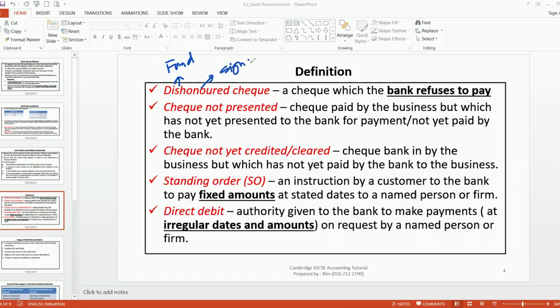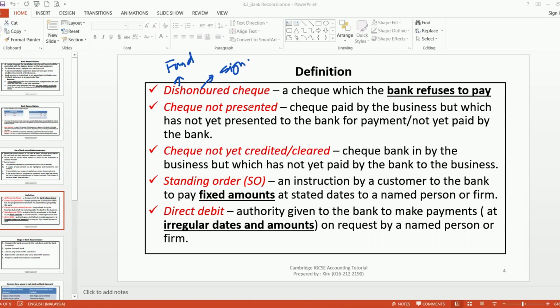The signature was forgotten by the owner or by the authorizer, so this can cause the bank to refuse. If the amount on the check and the wording written on the check are different, the bank will reject it. Even if the payee makes a mistake, it can also cause the bank to refuse to pay the check.